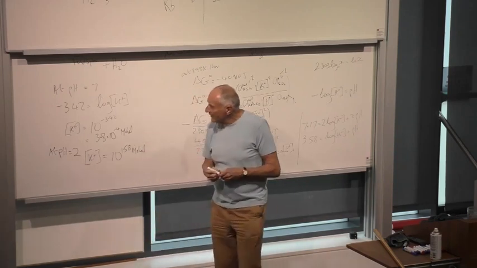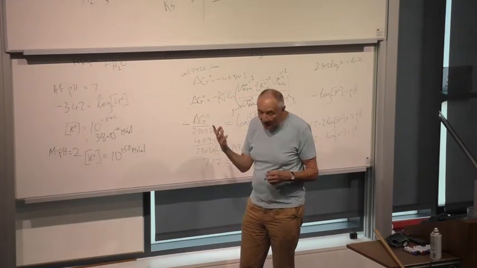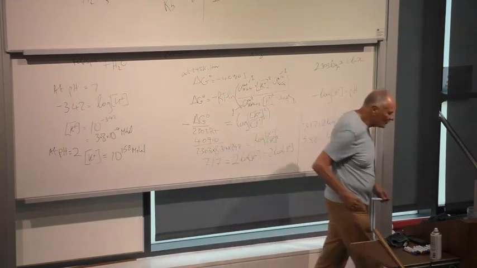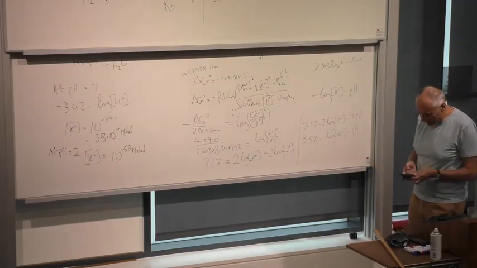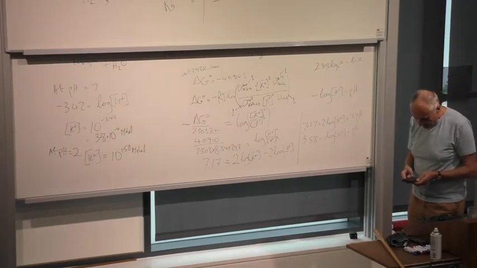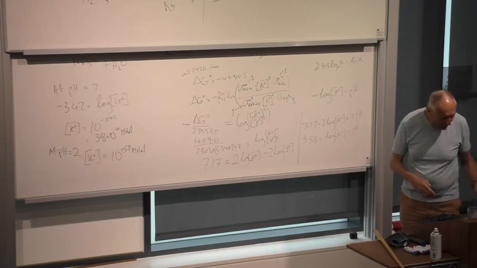Okay, so our concentration has gone up, of course, by 5 orders of magnitude, the equilibrium concentration, by lowering the pH from 7 to 2. So 10 to the 1.58 is 38 molar.